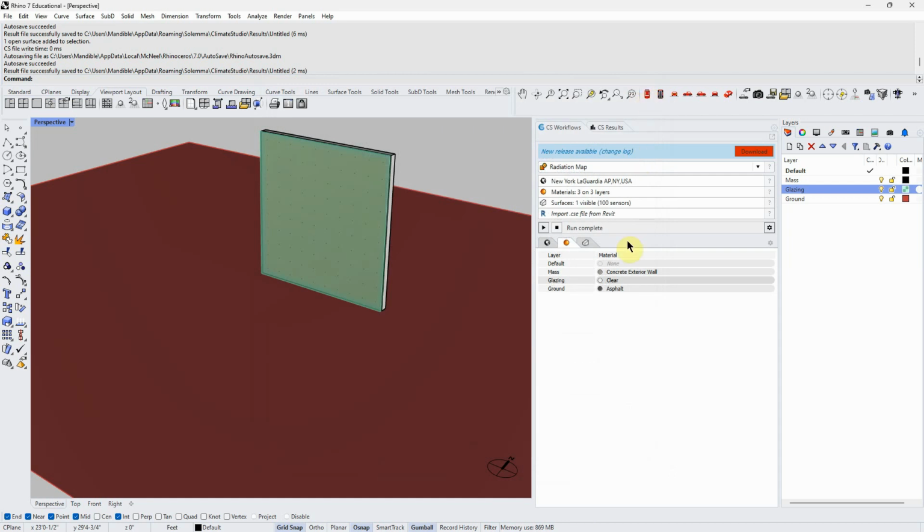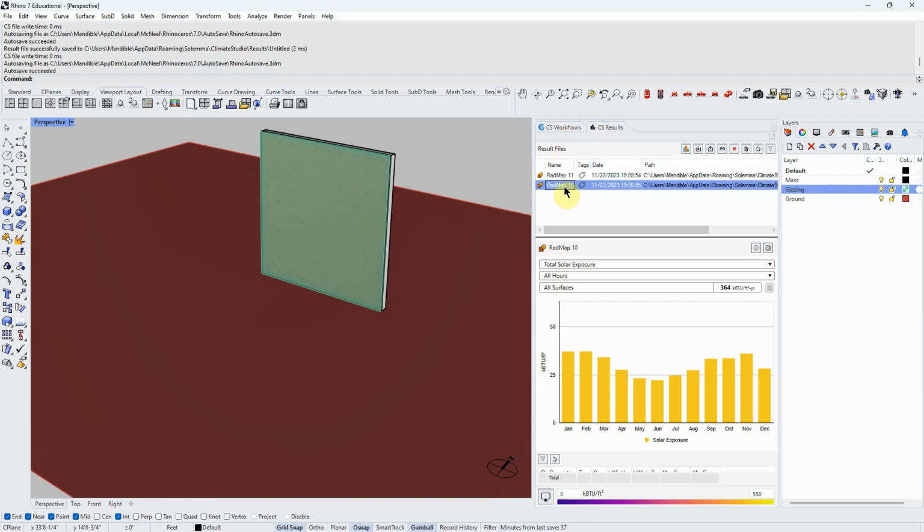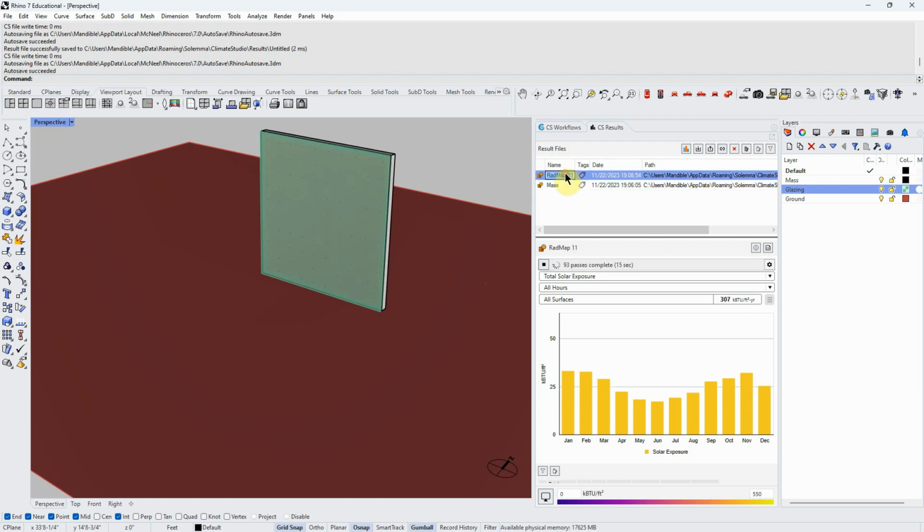But let's see what happens when we run the radiation map. And it's as we would expect. I'm going to name these. This is mass. This is clear glazing.